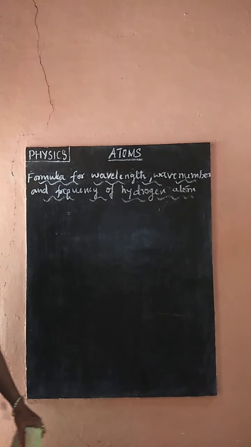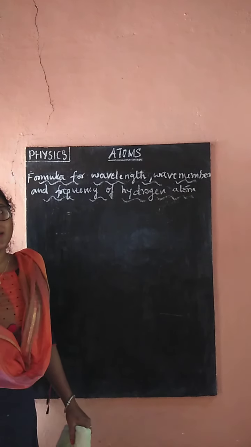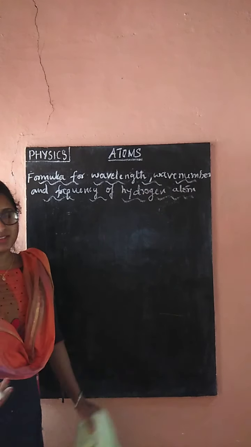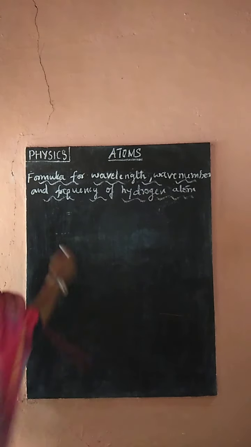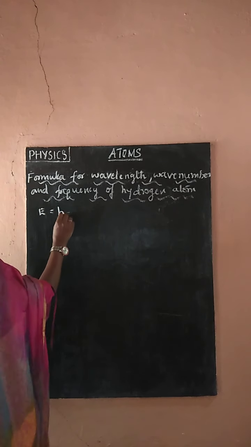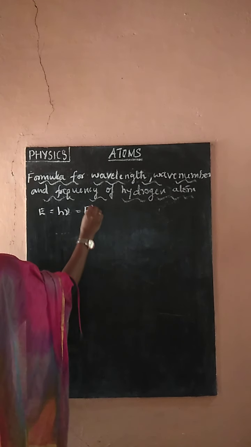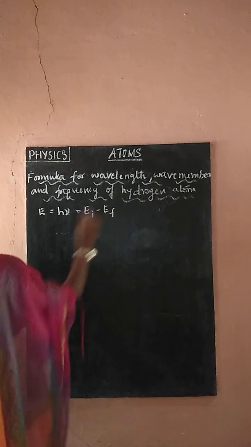Yes, we know that when an electron takes a transition from a higher energy to the lower energy state, then a photon will be liberated. That is E is equal to h nu, that is Ei minus Ef.